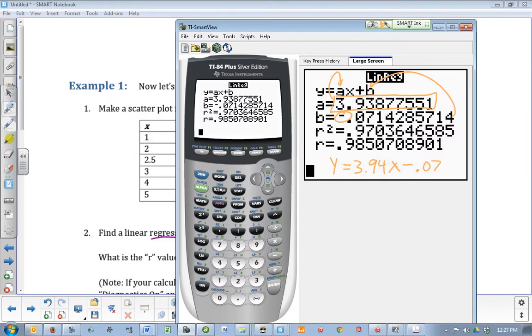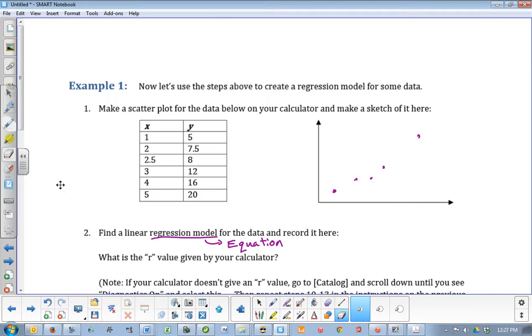Okay, so 3.94x plus minus 0.07. Let's write that down. y equals 3.94x minus 0.07. So now we've got our equation.